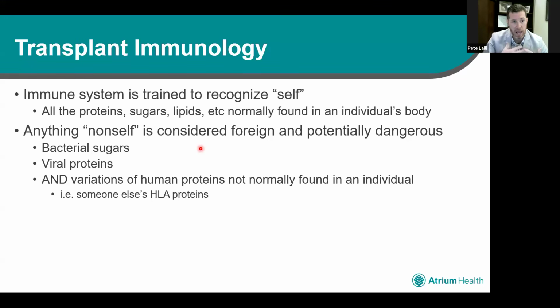So these can be things like bacterial sugars, viral proteins, and more importantly for this presentation, variations of human proteins that are not normally found in a given individual. So in other words, any person's HLA proteins that aren't yours, your immune system is going to recognize as foreign and try to fight it off, thinking that it's bad, even though we all know that it's not.